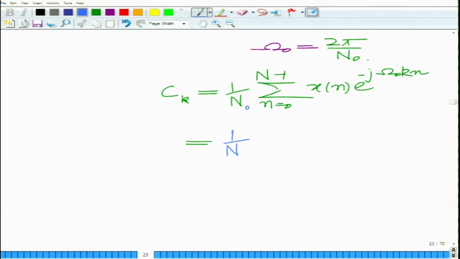1 over N naught, summation n equal to 0 to, well, now it is only 1 from 0 to N naught by 2 minus 1.